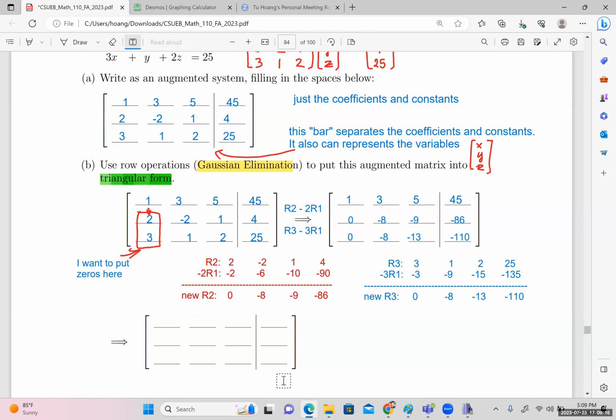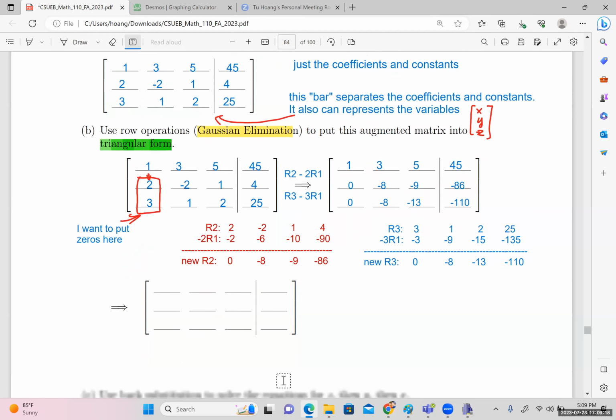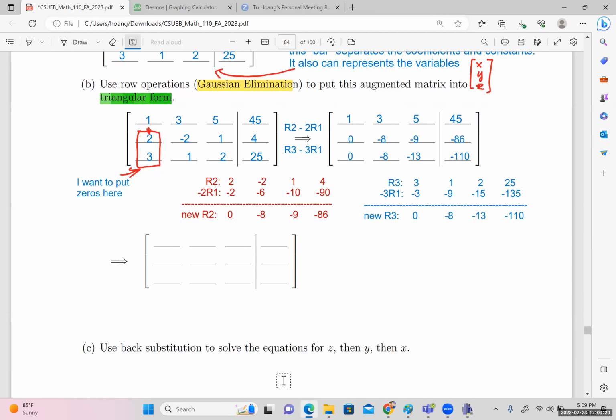Okay, so now I'm going to move to the next step, which is to try to eliminate the y term in the third equation. The y term now will actually be this -8 here, right?